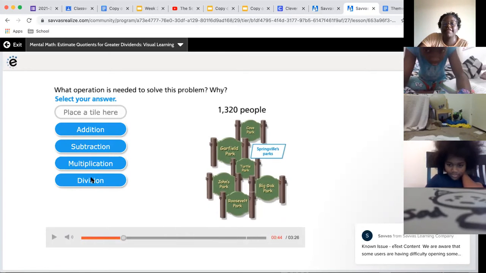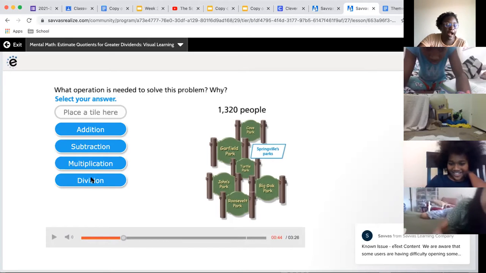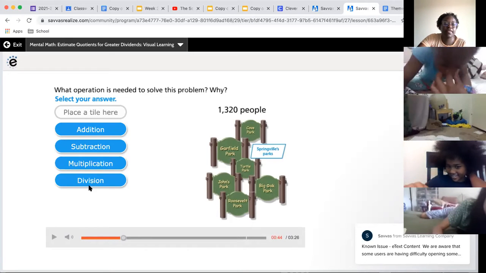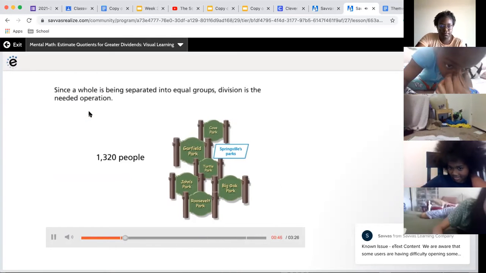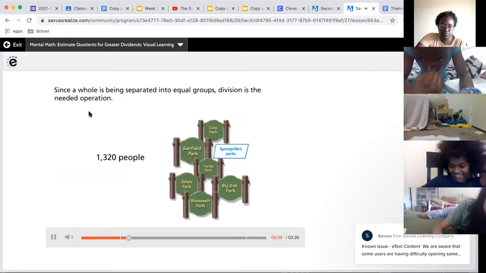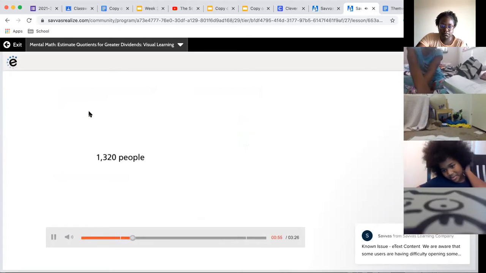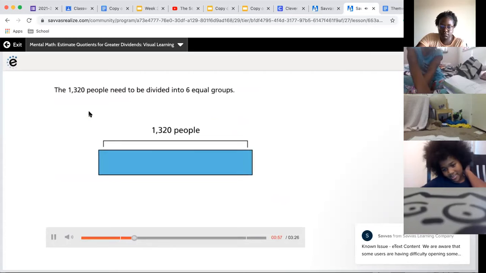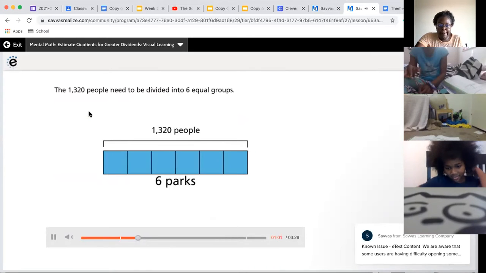Nope. We're going to be dividing to see how many people were on each team. Since a whole is being separated into equal groups, division is the needed operation. The 1,320 people need to be divided into 6 equal groups.